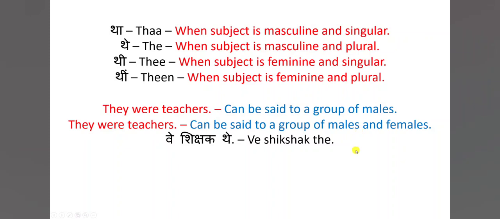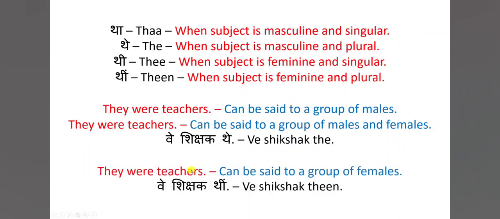Next, if you want to say this to a group of females, then you will have to say वे शिक्षक थीं. Here थीं is used because subject is feminine and plural.